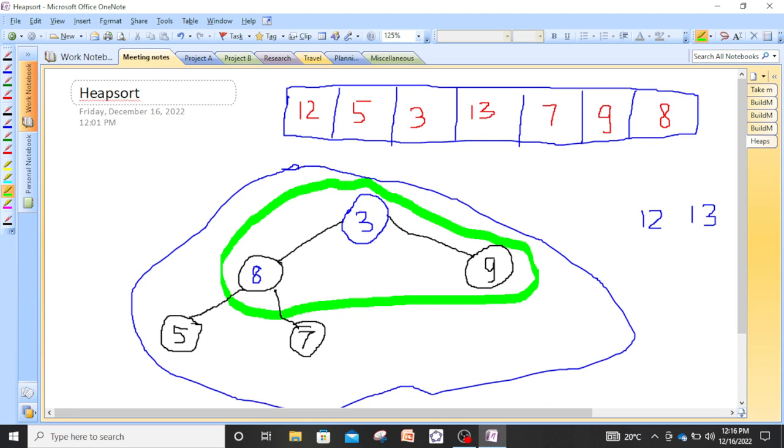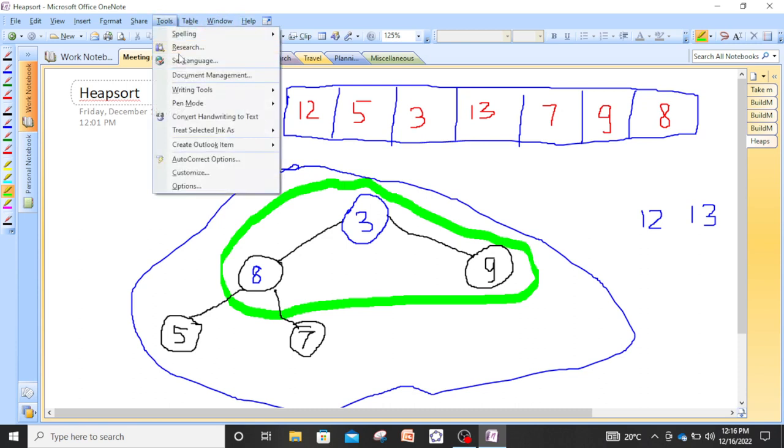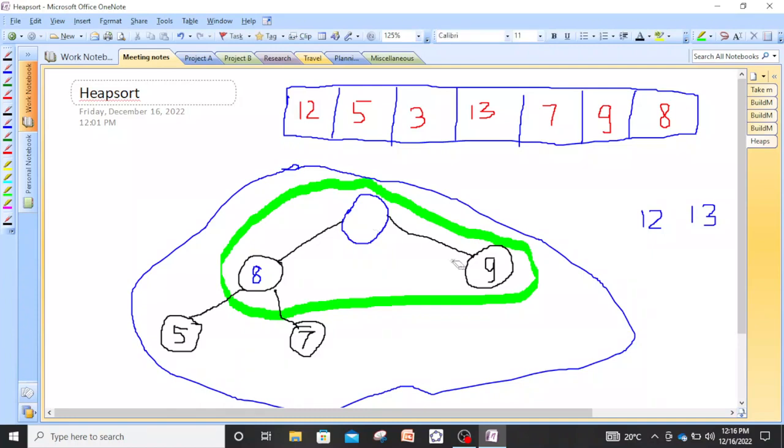So 9 and 3 will be interchanged. So I interchange. 9 will come here and 3 will go down.